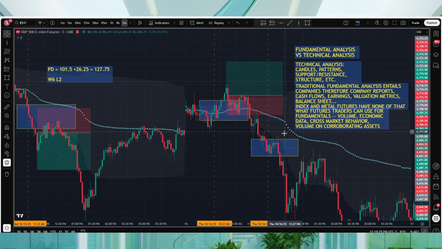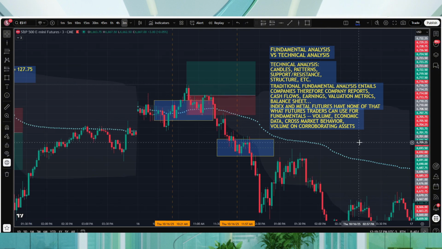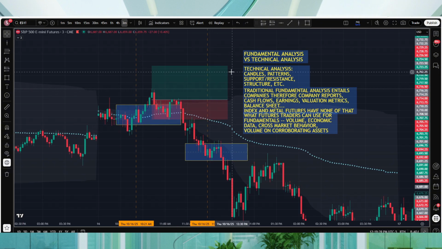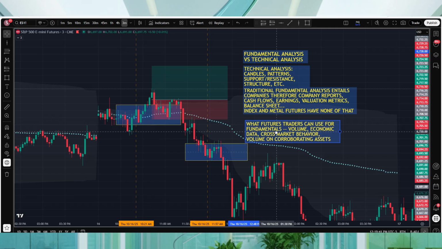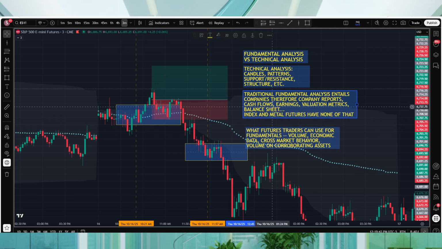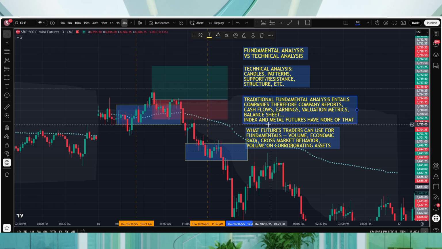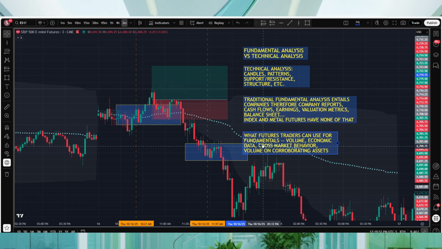And let me just cover these. Well, we'll start with this right now. So I wanted to cover corroborating assets. So fundamental analysis versus technical analysis. Technical analysis, as you know by now, constitutes candles, patterns, support, resistance, structure, etc. And for one to be a good trader, one needs to incorporate fundamental analysis as well. But what do you do when you trade futures?